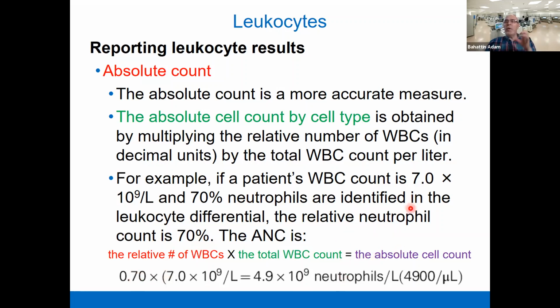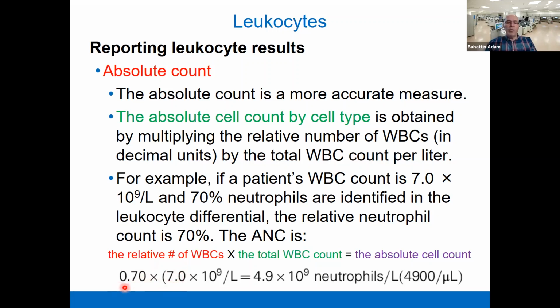In order to calculate the absolute cell count, you have to multiply the relative number by the total white blood cell count. You count 100 white blood cells and determine that 70 of these 100 are neutrophils.